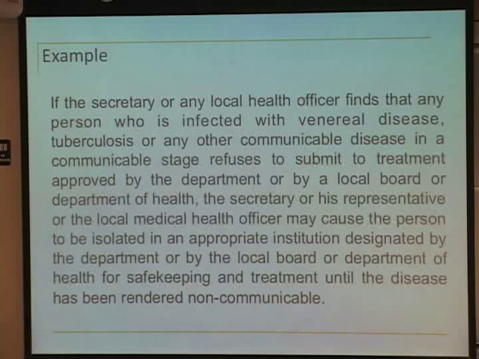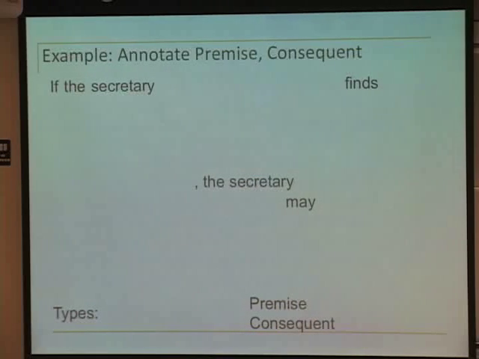So to give that a little bit of an intuition, here's that same sample text from the Pennsylvania statute. We would annotate it in terms of the sort of premise part of the statute as well as the consequent.